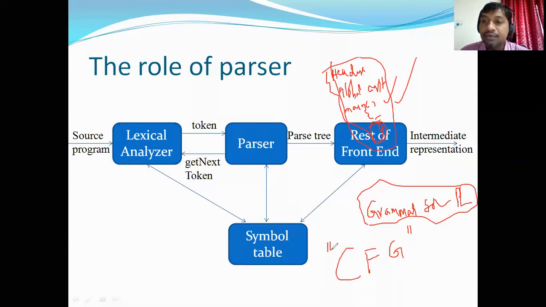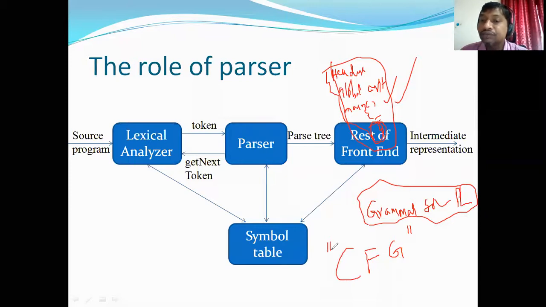I think you might have studied this in your previous course, FLAT. There are 4 types of languages: regular languages, context-free languages, context-sensitive languages, recursively enumerable languages. For regular languages, we have a regular grammar.